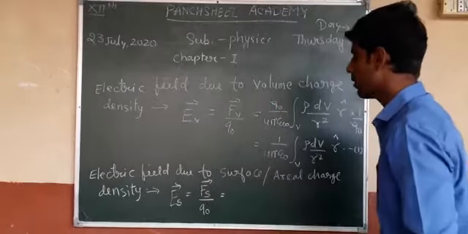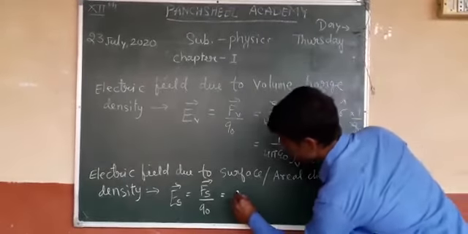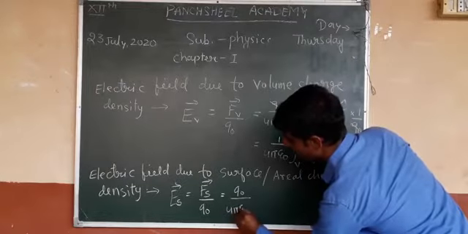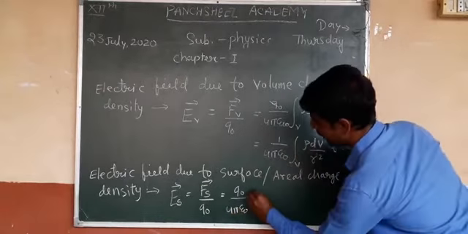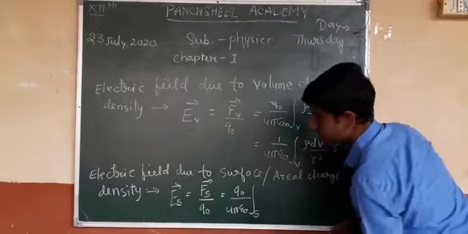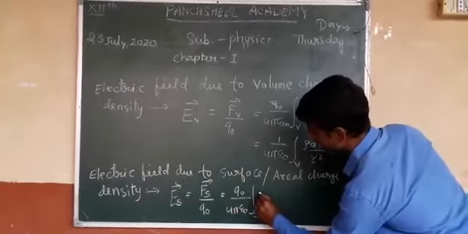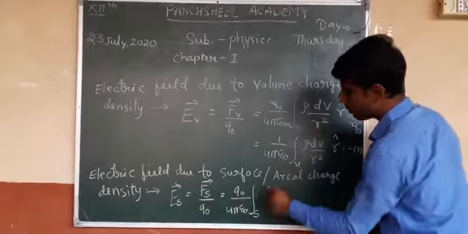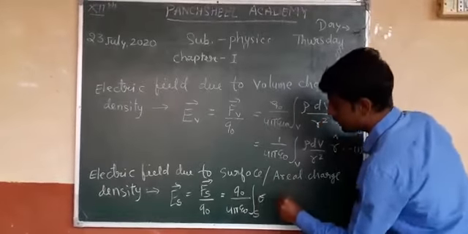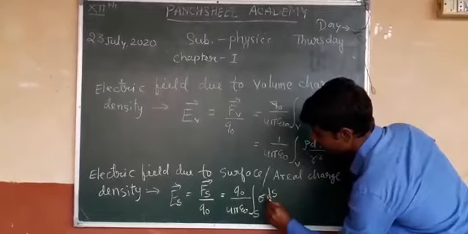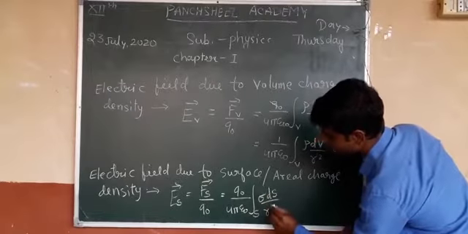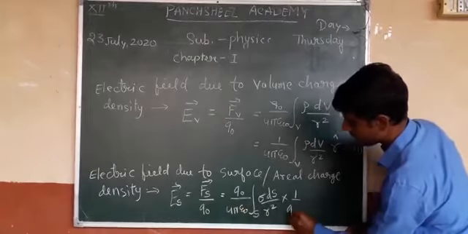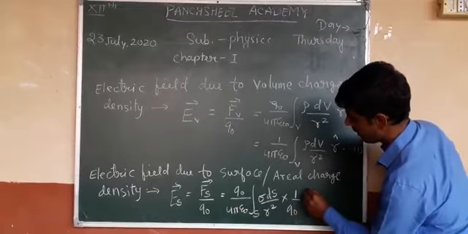So what is the value of Fs vector? This is q naught upon 4 pi epsilon naught, integration over the whole surface, and in place of rho I write sigma, ds upon r square, into 1 by q naught, r cap.